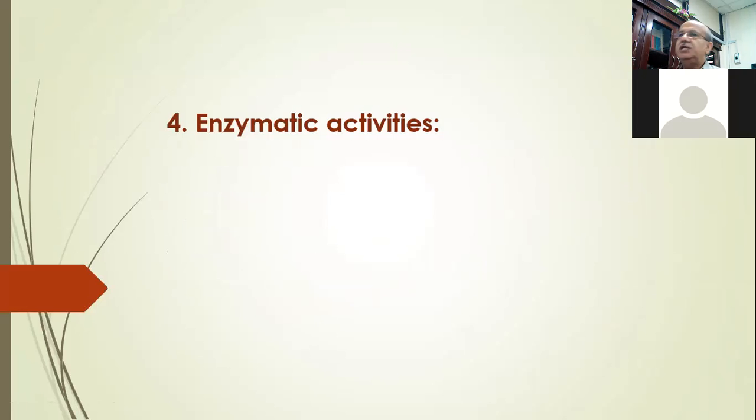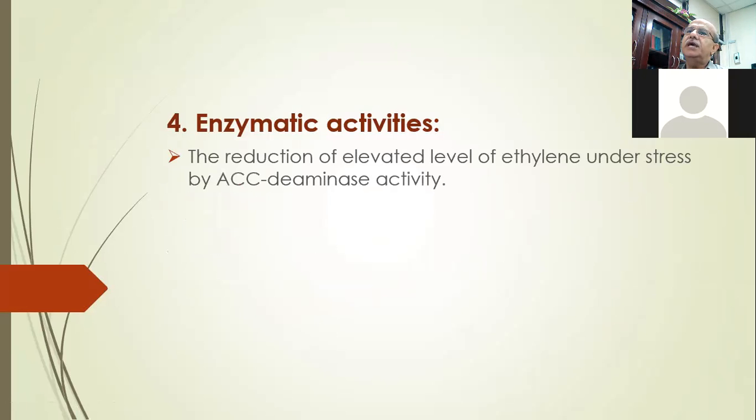The microorganisms produce certain enzymes, and these enzymes cause the reduction of elevated level of ethylene under stress by ACC deaminase activity. If you remember, last time I explained that under stressful conditions, plants produce more ethylene, which suppresses the plant growth.